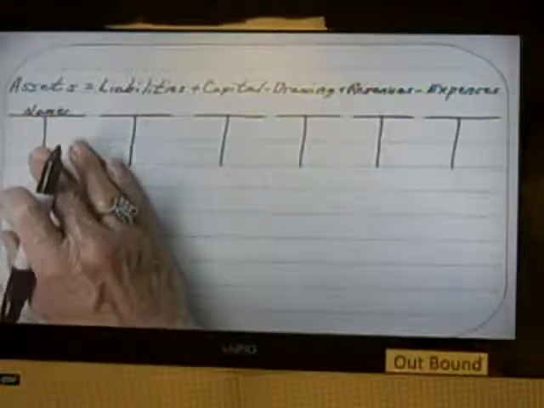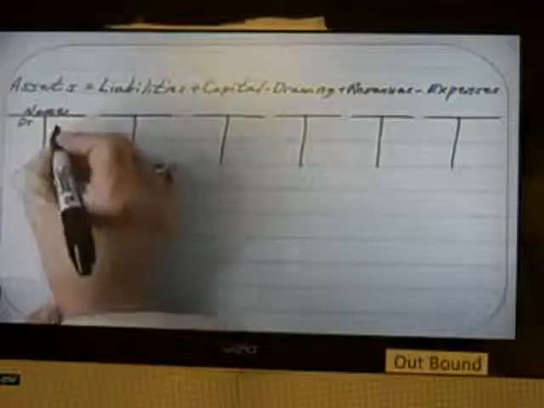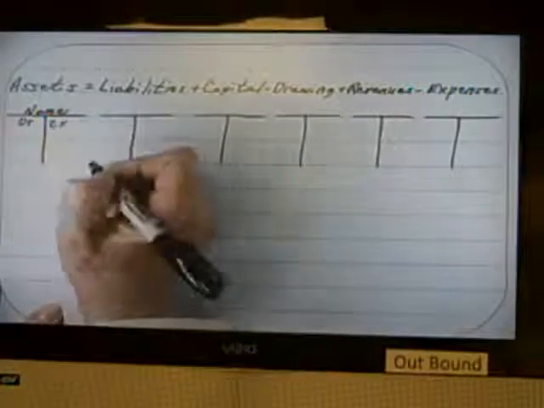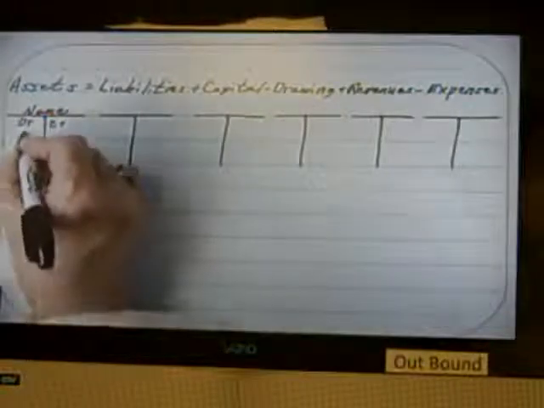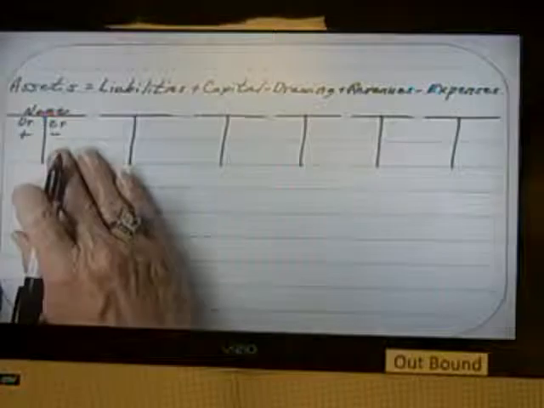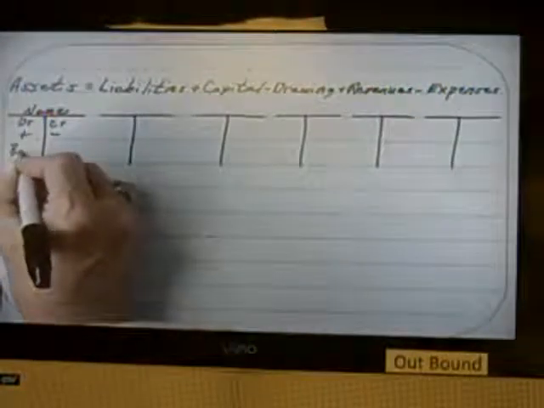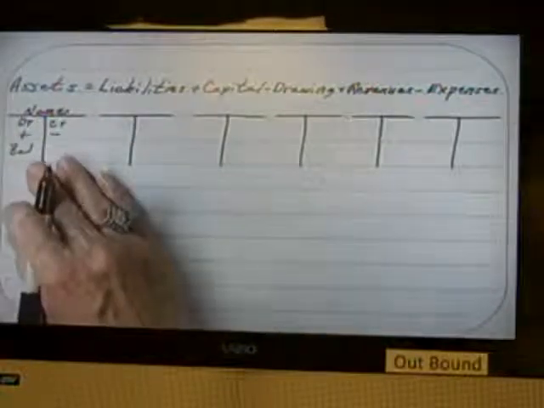Well, in addition to every asset having a name, it has a left side that we call the debit side. It has a right side that we call the credit side. All assets increase on the debit side and they decrease on the credit side. And the asset side is always the balance side, the increase side.